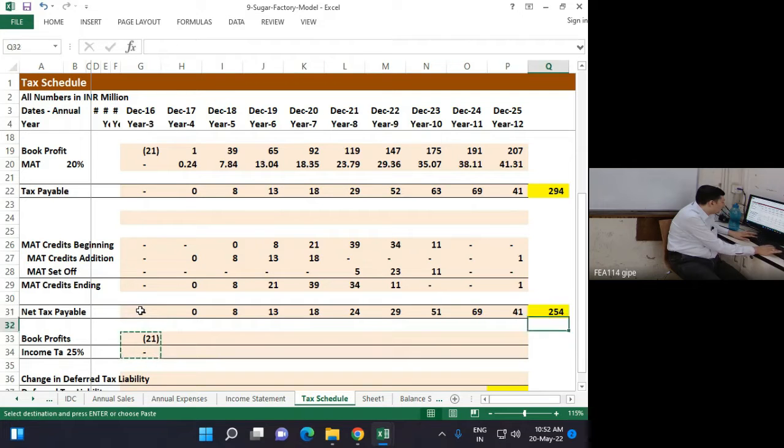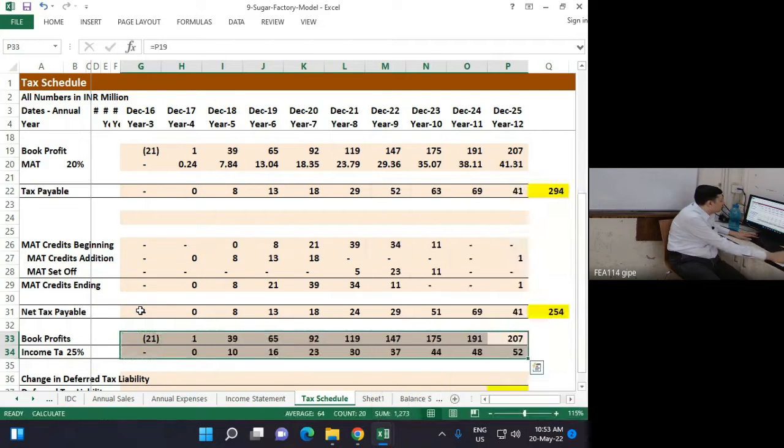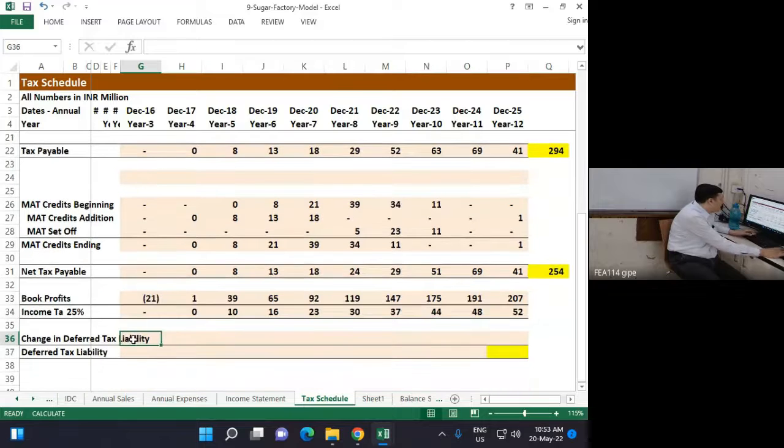Last answer is 52, correct. And therefore, change in DTL will be income tax expense minus net tax payable, or income tax provision minus net tax payable.